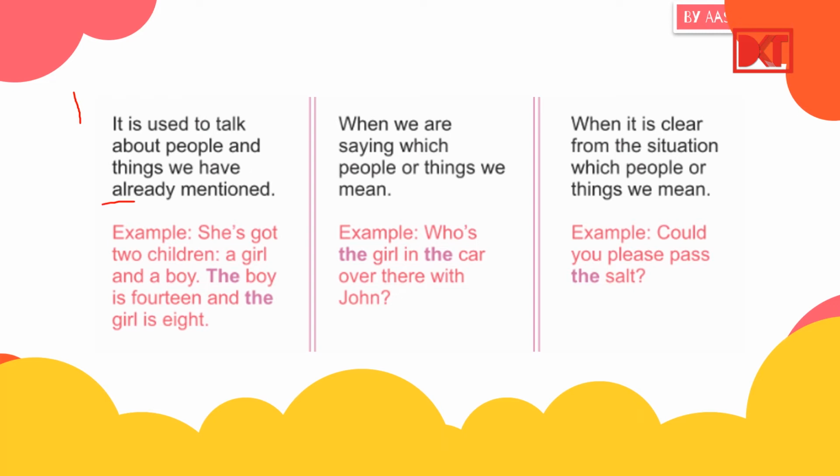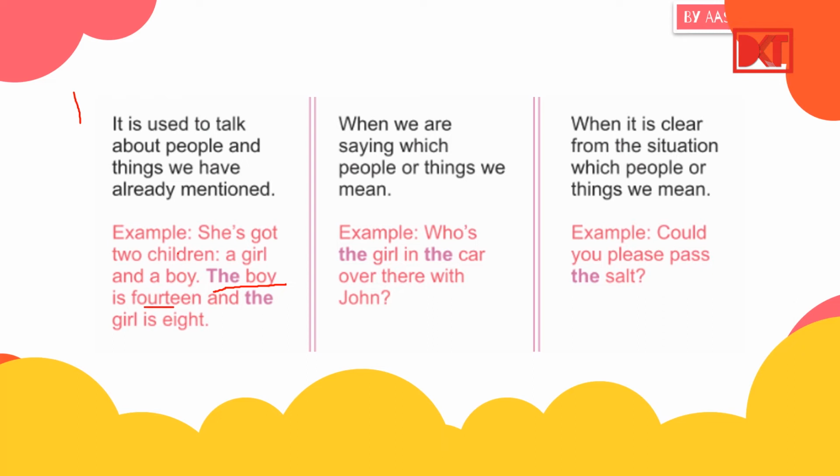She's got 2 children, a girl and a boy. हमने पहले बताया कि she's got 2 children, a girl and a boy. हमने generally बताया कि एक लड़का है, एक लड़की है. पर हम जब उन्हीं गर्ल एंड बॉय के बारे में दोबारा बता रही हैं, जब वी आर मेंशनिंग देम अगेन, सो व्हाट आर वी यूजिंग? वी आर यूजिंग द बॉय, मतलब वही पर्टिकुलर बॉय 14 है और वही पर्टिकुलर गर्ल शी इज 8.